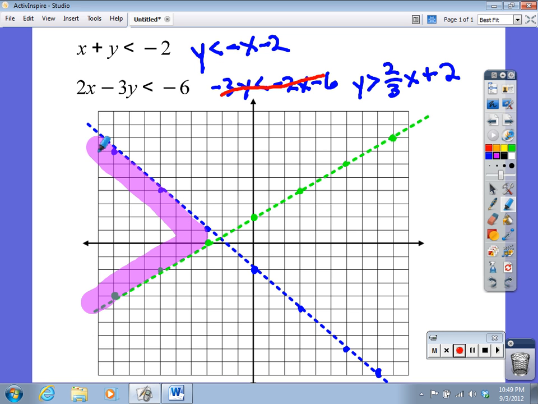This is where all of the solutions lie, between these two lines and this part of the grid. And remember, because they're dotted lines, the solutions do not lie on the lines, but simply above and below right here. And now this entire inequality set is solved.